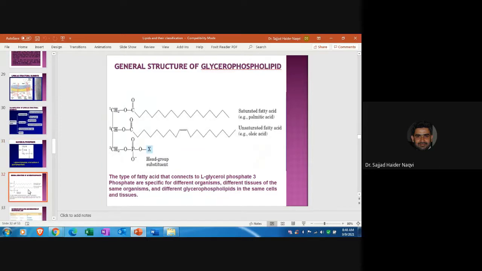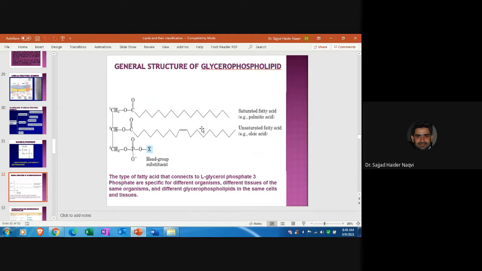Now, this is the general structure of our glycerophospholipid. You can see the same glycerol molecule, and we have a phosphate group here, and then we have the rest of the two hydroxyl groups. We have ester linkages, just like triacylglycerol, and that is being shown here, two fatty acids, which could be saturated or unsaturated.